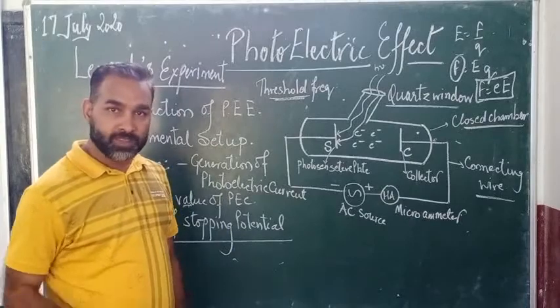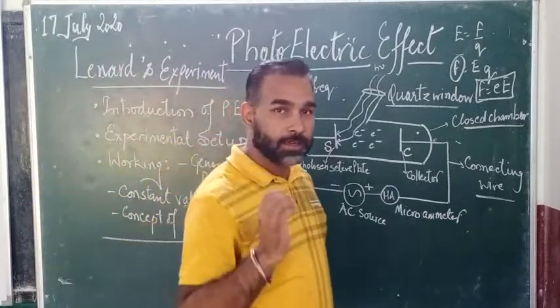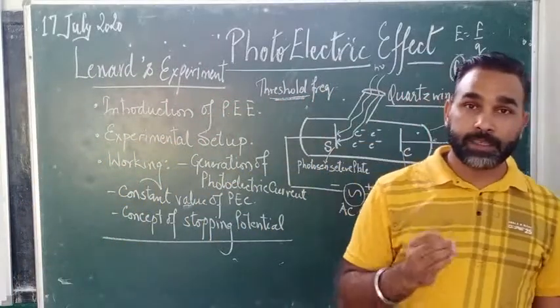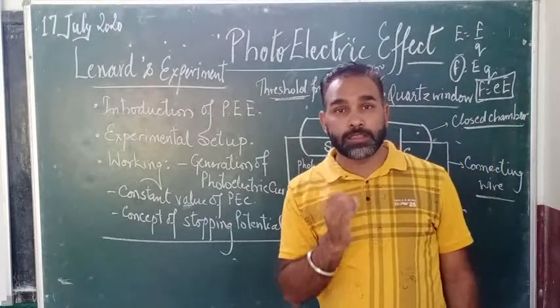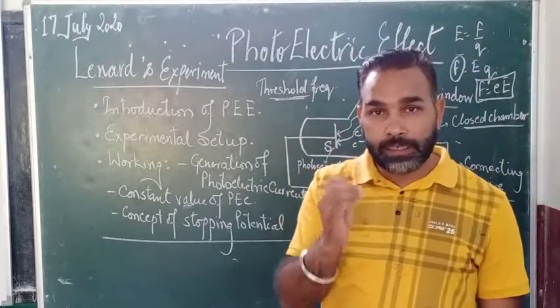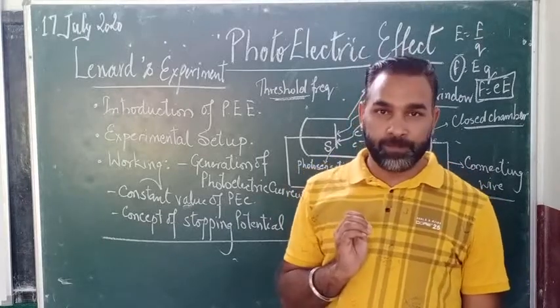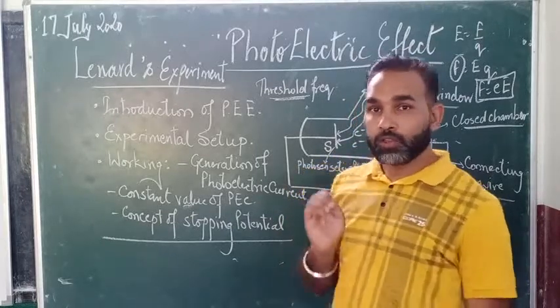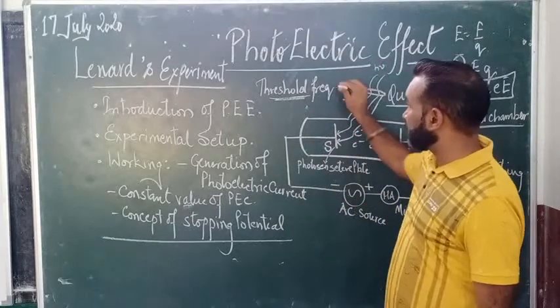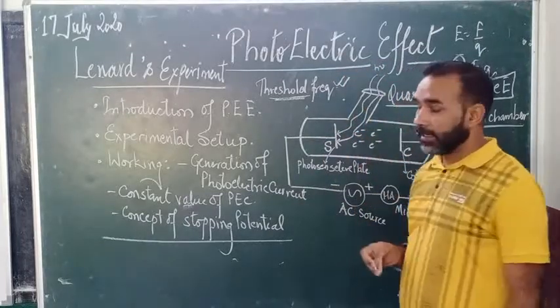This is the first thing. But until the light reaches that particular threshold frequency, electrons will not be emitted. Getting my point? So a particular threshold frequency is required to emit the electrons.